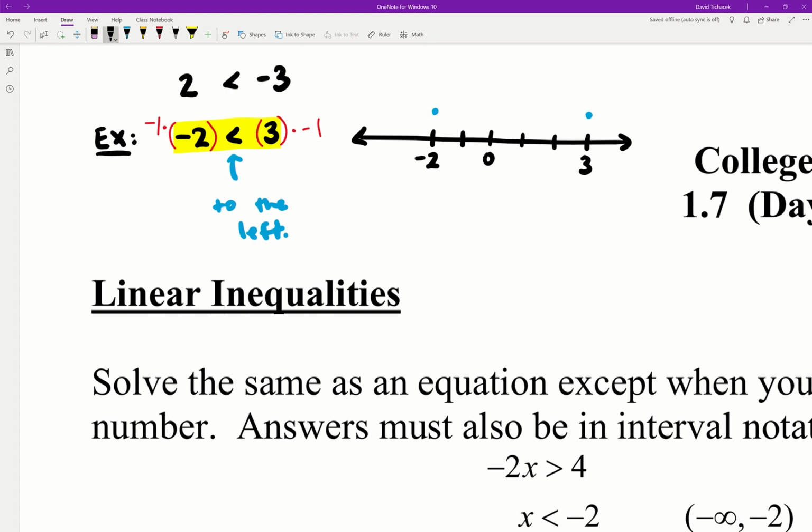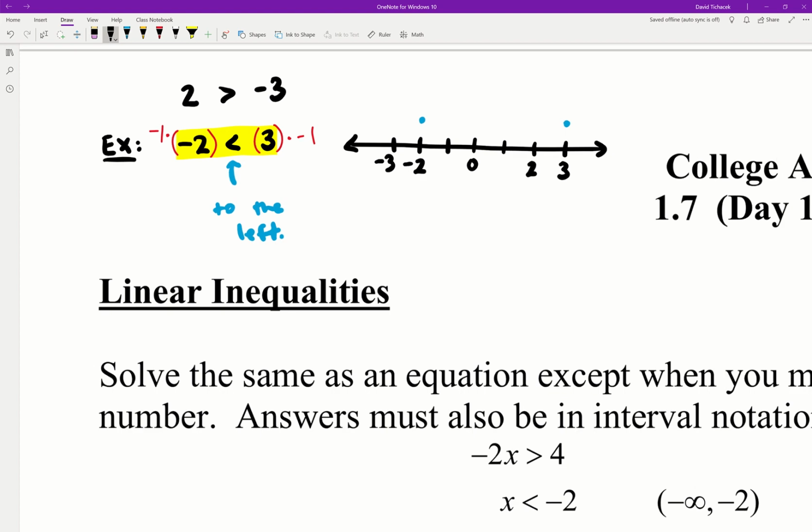And if you interpret that less than sign in the same way as to the left of on the number line, well, +2 is not to the left of -3, okay? So -3 would, of course, sit right here, and +2 would sit right there, and we could blatantly see here that -3 is to the left of 2. So what that's going to mean is that anytime you change the sign of your numbers, or whatever like that, then you're going to have to change the direction of your inequality to make things make sense in terms of the number line. So it's going to say that down here, right?